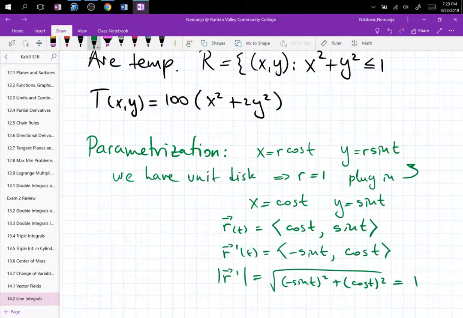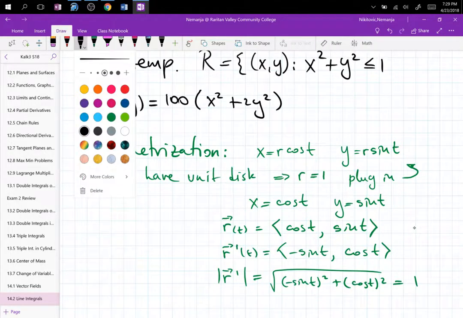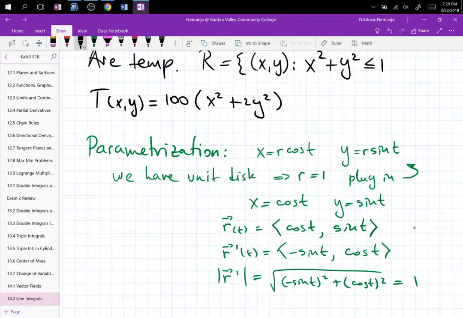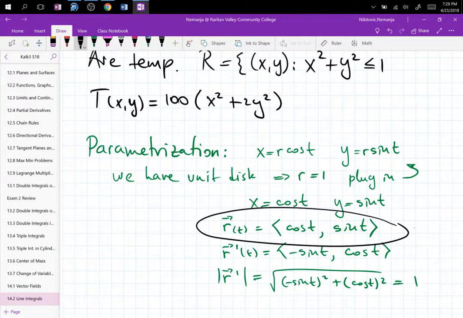If you are asking me to explicitly state what was the goal of parameterization, goal is to obtain this. Because this contains what x is equal to, what y is equal to, and it also contains those things as a vector, so that we can find r prime, so that we can find the magnitude of r prime, which is the part that came from conversion that we need for the formula. So the goal of parameterization is to find this r.